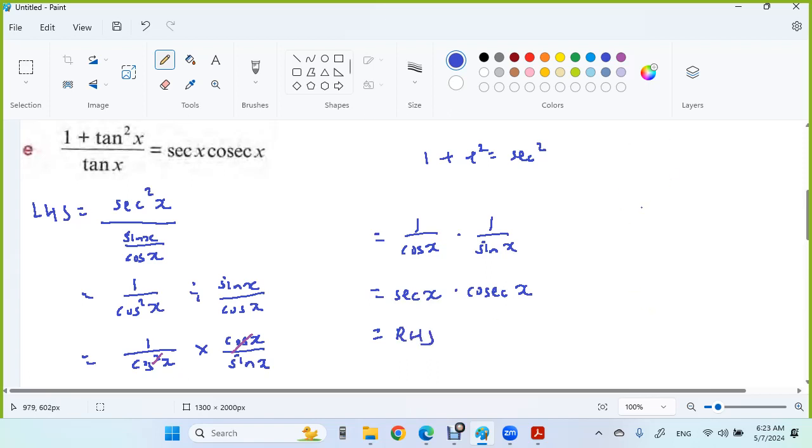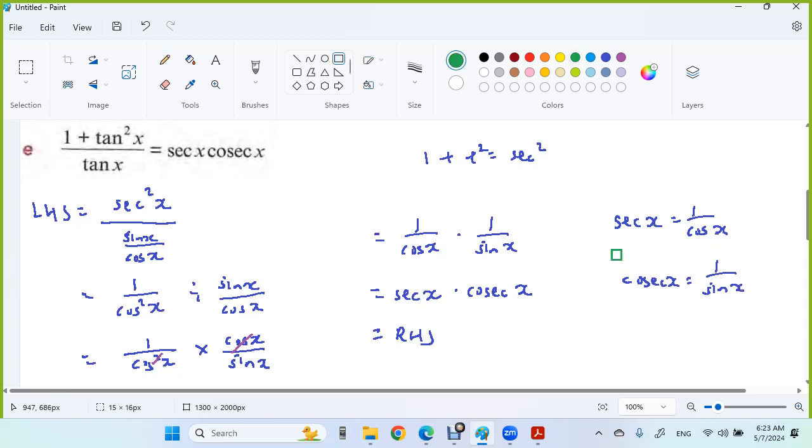Okay, so I know that the secant x is 1 over cos, and then cosecant x equal to 1 over sine.